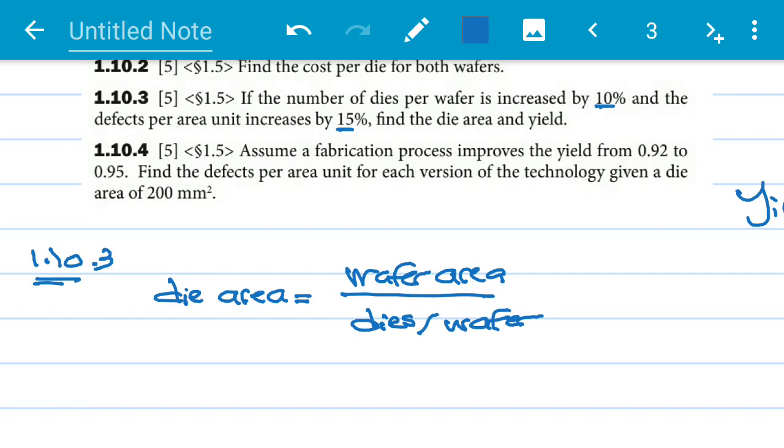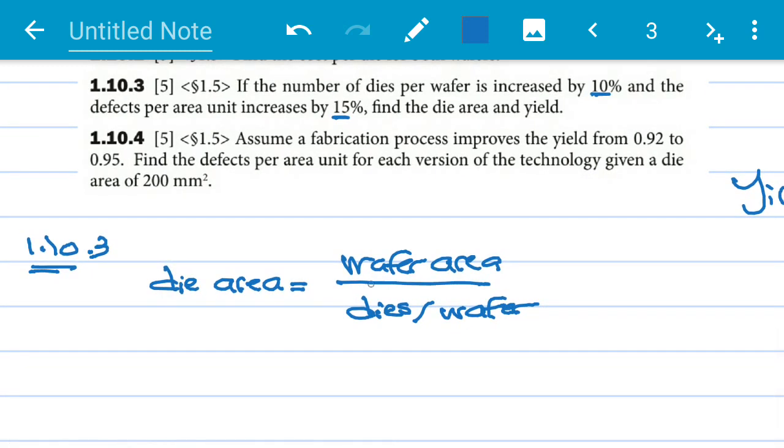So what he needs is multiplying the number of dies per wafer by 1.1. 1.1 means that it increased by 10%.